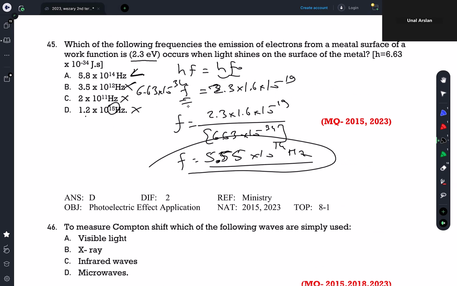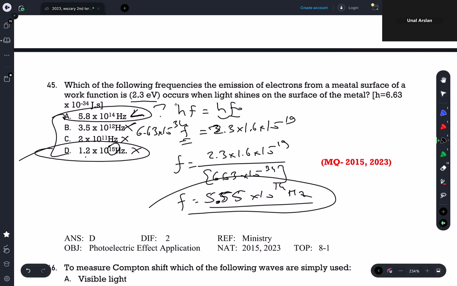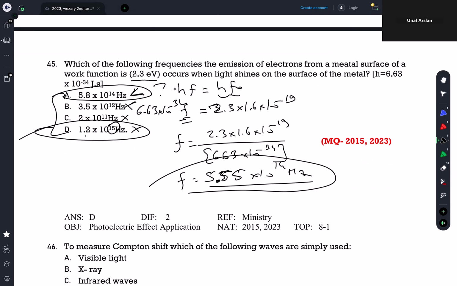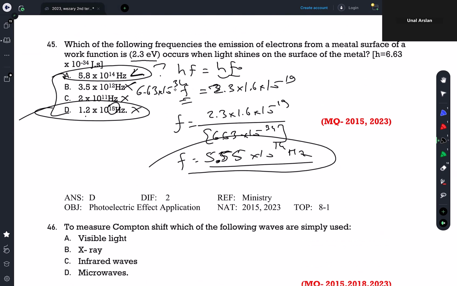So there are two answers. One of them mustn't be the answer. So both A and D seem to be the answer. I am going to check this question again. Maybe there is this type of mistake.